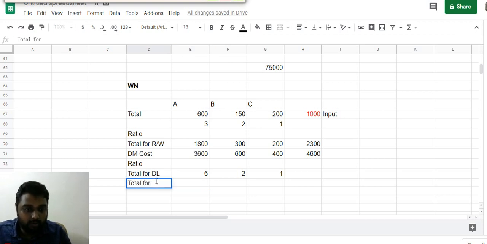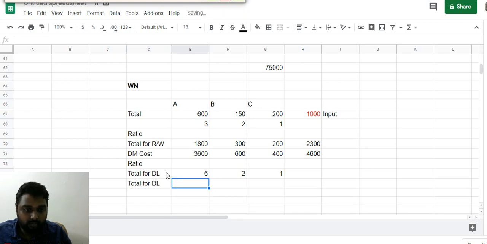Total for labor, which will come to 600 into 6, which is 3600. We can take the total also.